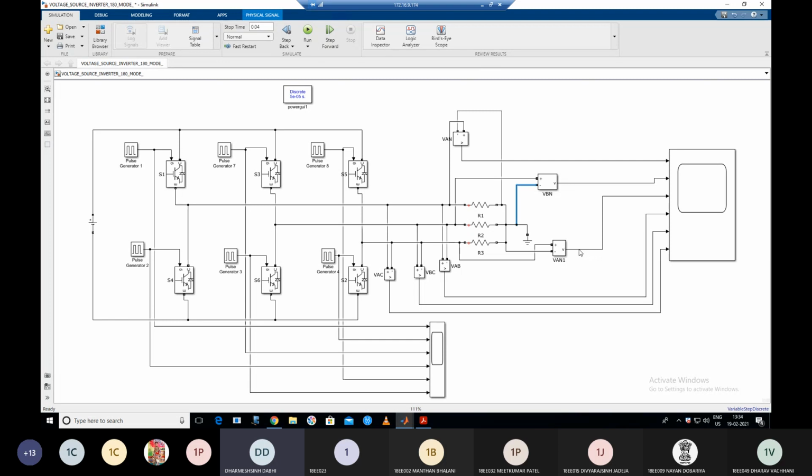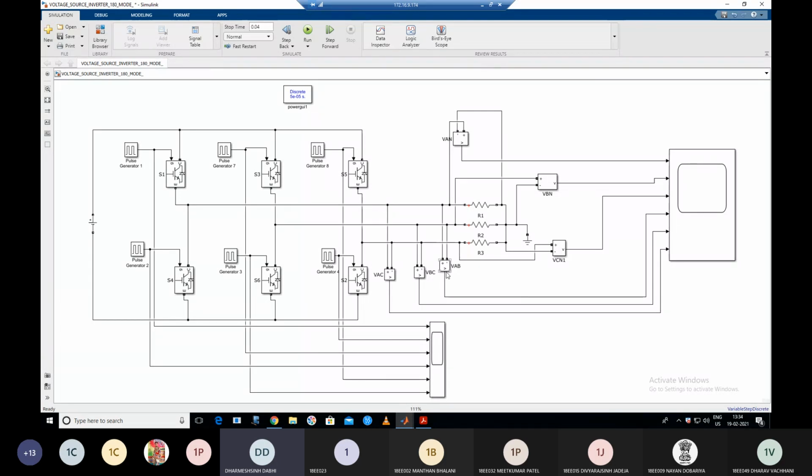Same way phase C. Clear? This is phase C, CN. Clear? Now same way measure the line voltages VAB, VBC and VCA or VAC.